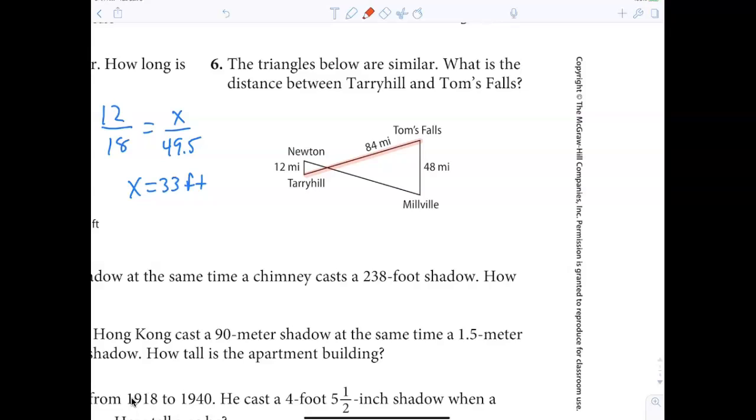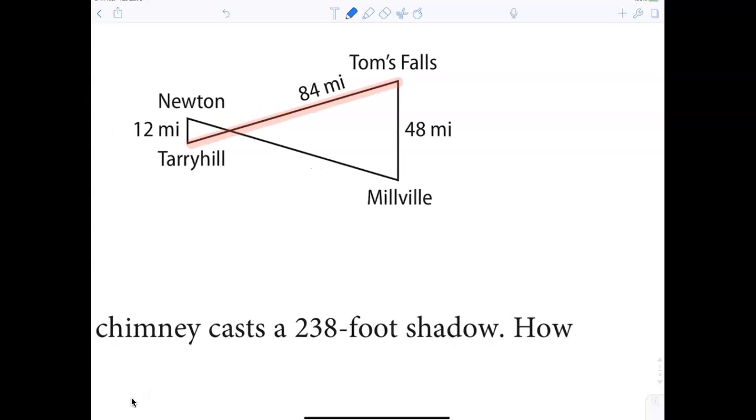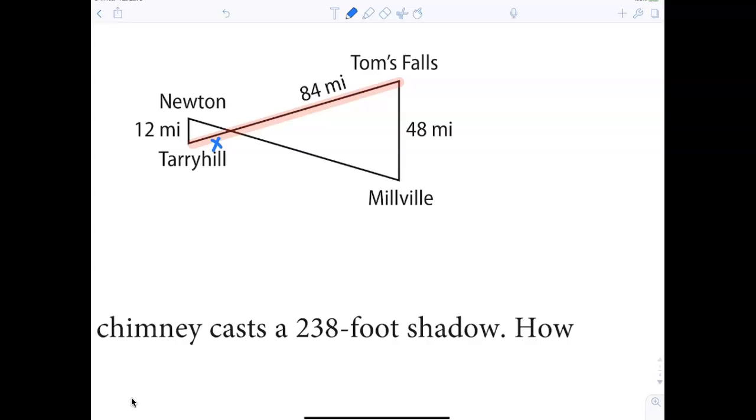So 84 over 12. 84 over x. Yes. And 12 over 50. Okay. Which one?